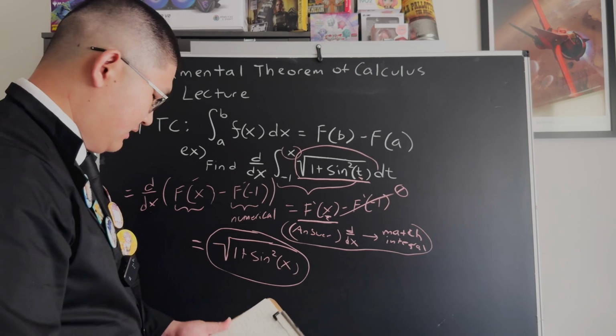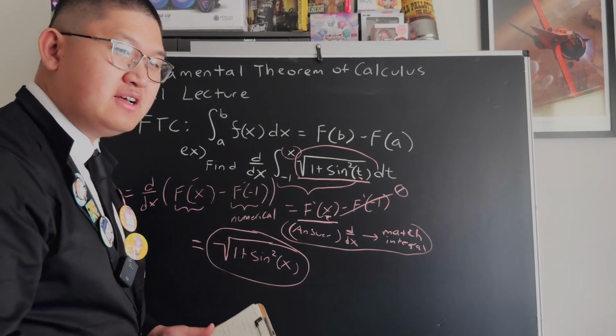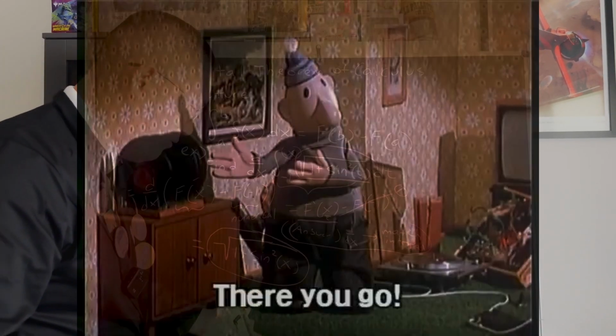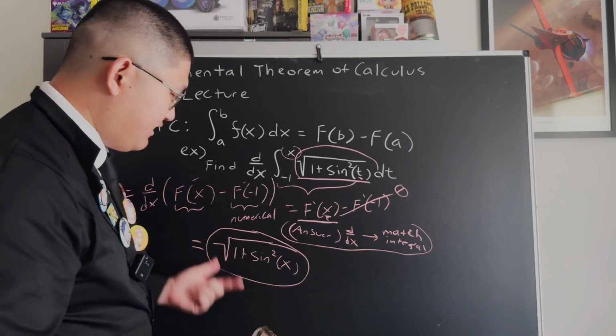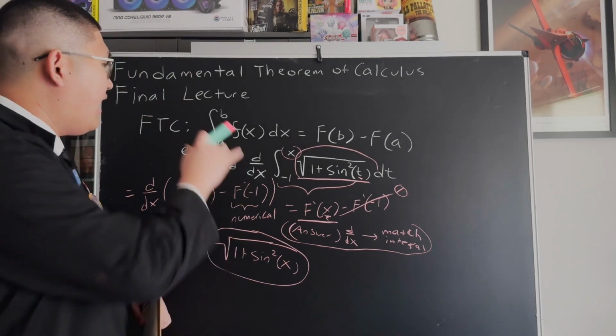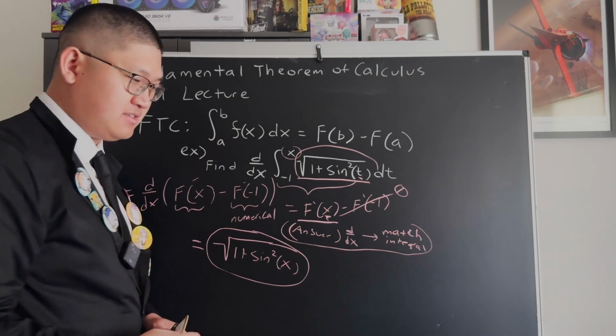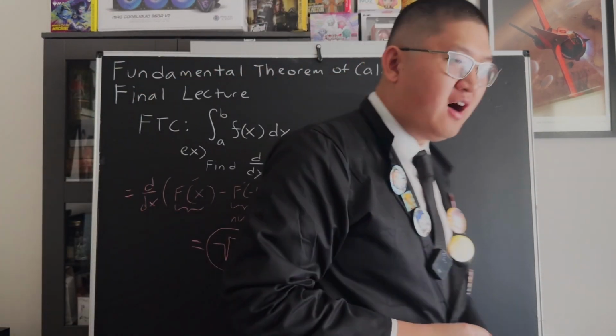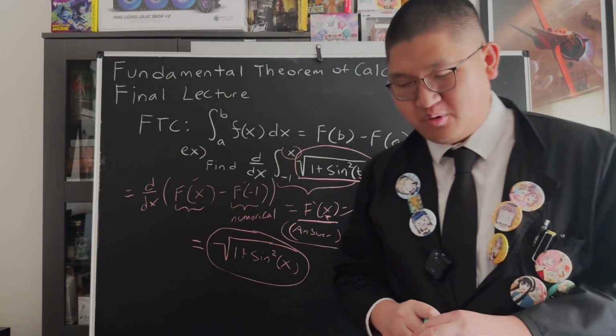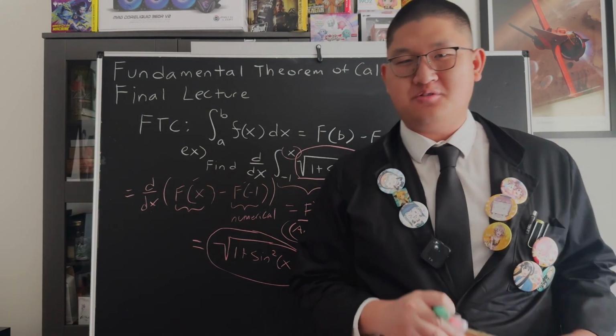Oh yes, now that was pretty good. Some might even say, there you go. This was indeed the best way of showing how people really understand what the fundamental theorem of calculus is. And the test proctors on the AP exam in College Board will be looking for exactly that as well.